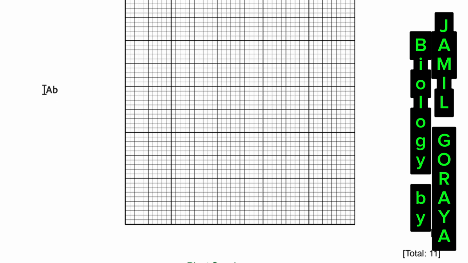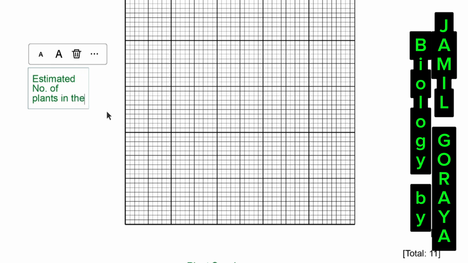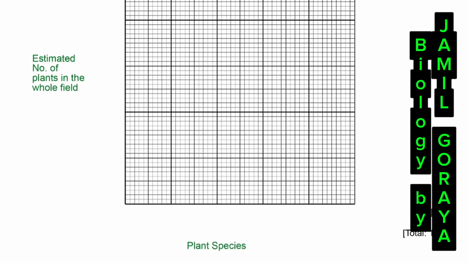Exactly what is given. So on y-axis, we must write estimated number of plants in the whole field. So by labeling, we will be getting 1 mark.